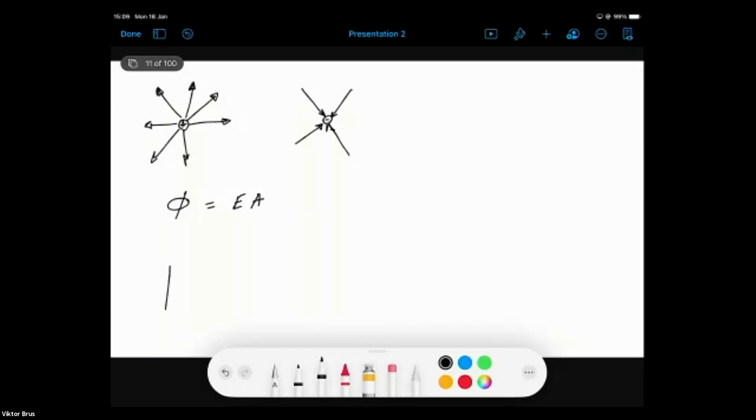So let's say we have some surface element, and perpendicularly there are electric field vectors which go through this area.